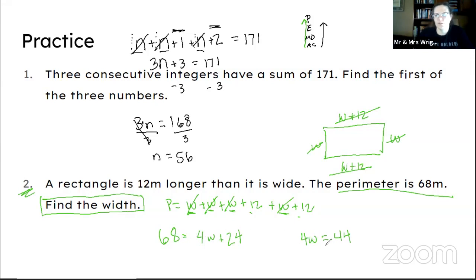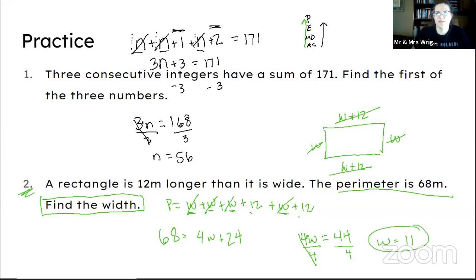You can switch the variables to the opposite side as long as the other expression flips sides as well. So here you have to undo the multiplication that's being done to W. 4 times W equals 44. So we're going to undo that multiplication with division. So we're going to divide by 4 here. And that's going to give us W equals 11.